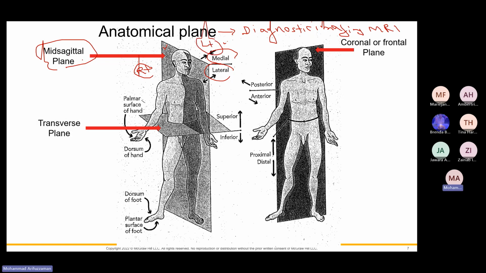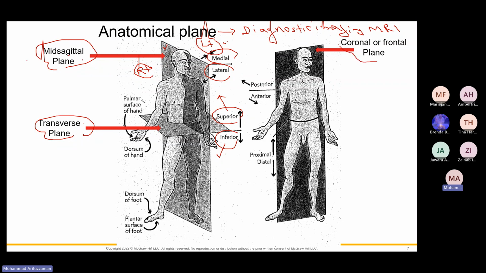It's a very important plane. Now the transverse. What is the transverse plane? This plane divides the body into superior and inferior. What is superior? Above. Inferior is below. So midsagittal divides the body into right and left, and the transverse plane divides the body into superior and inferior.